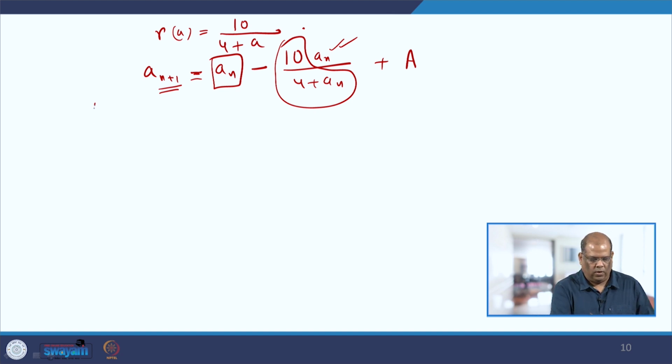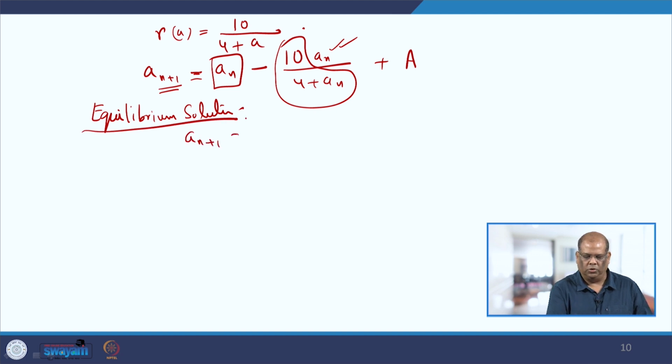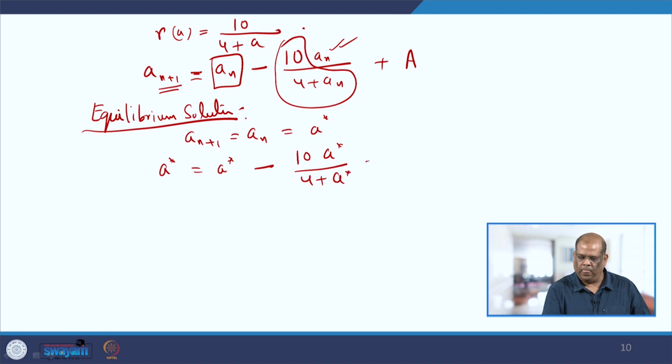Now, let us look into the equilibrium solution. The equilibrium solution means there is no change from one generation to another generation. So, we replace this A n and A n plus 1 by some A star: minus 10 A star by 4 plus A star plus A equal to 0.